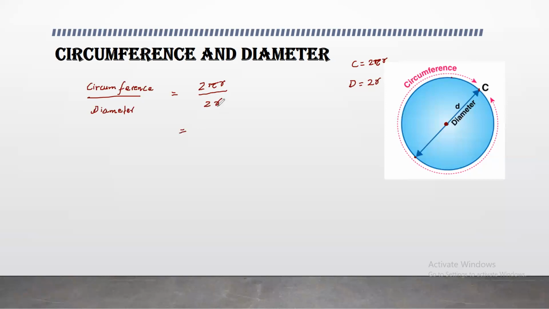We can cancel 2 with 2 and r with r, so exactly at the end we have pi. So we generated pi with the help of circumference and diameter. Basically the ratio of the length of circumference divided by diameter gives us exactly pi.